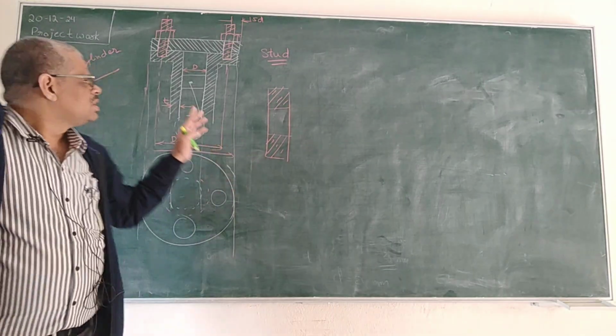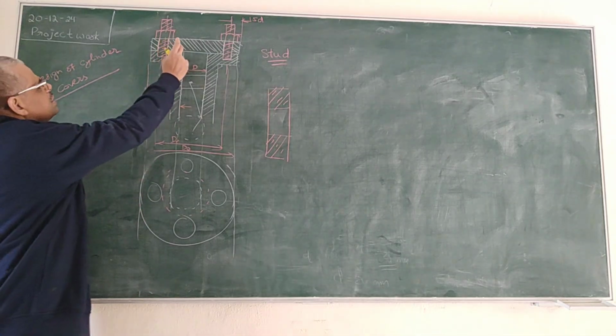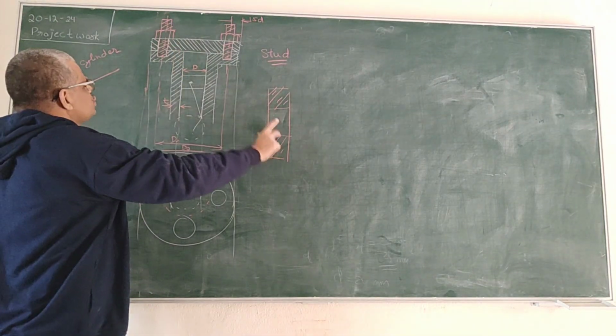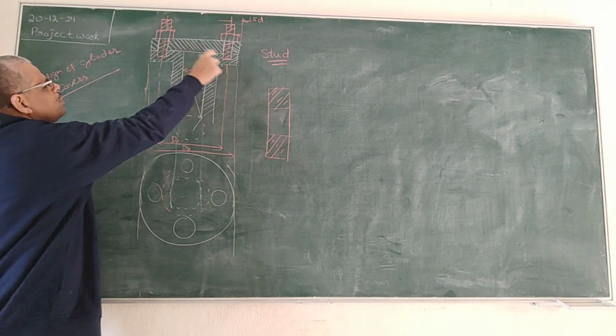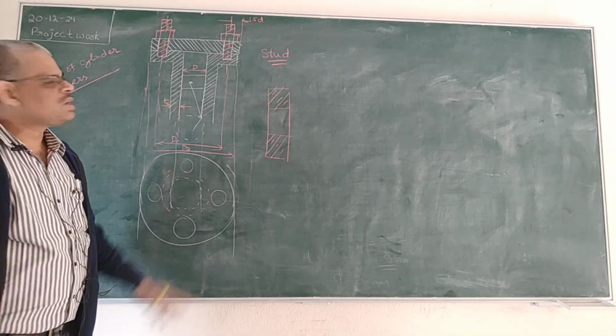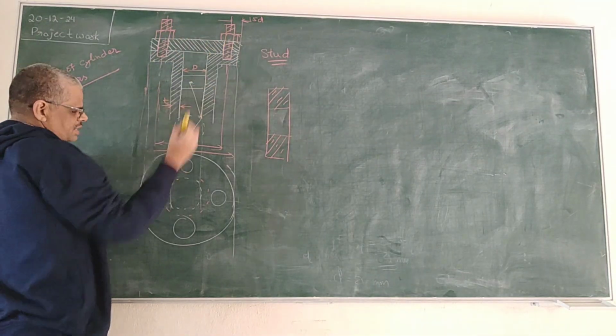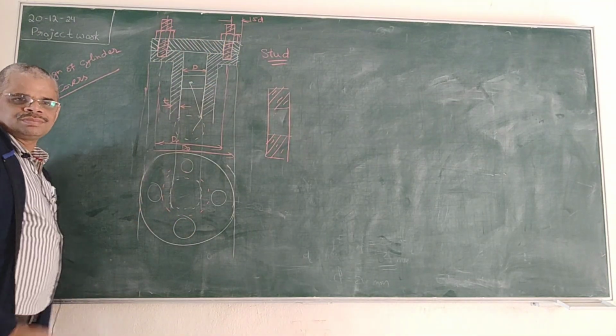And now, in order to join these two things, first of all, this stud has to be inserted into the holes of the flange in the cylindrical block. So first, these studs have to be inserted like this. Okay.